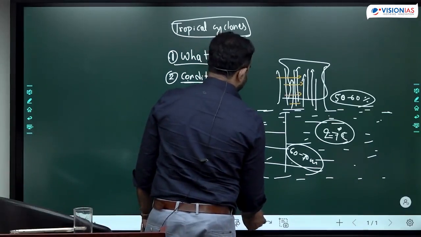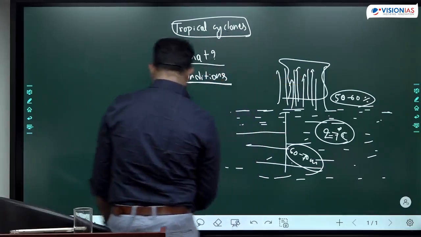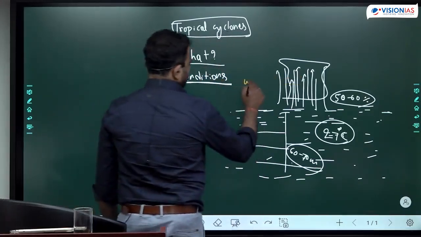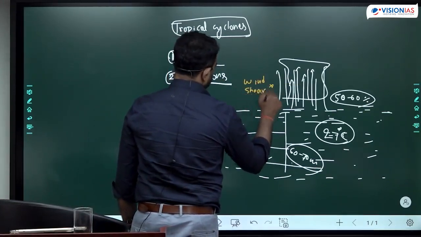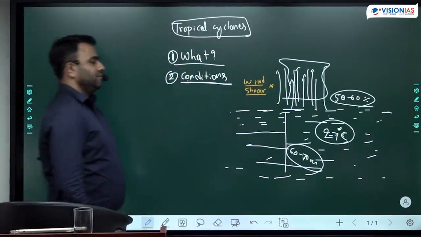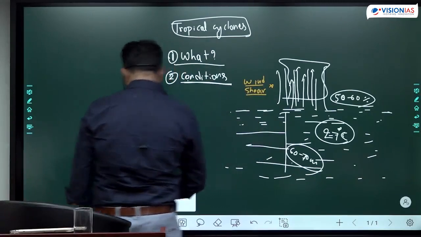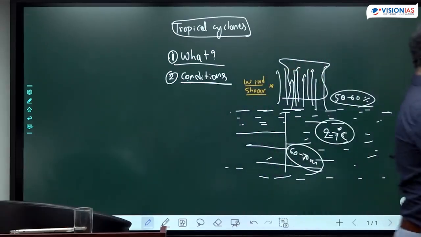So you need a minimum vertical wind shear. Wind shear should not be there. The fifth one is Coriolis force. What is the need of Coriolis force?